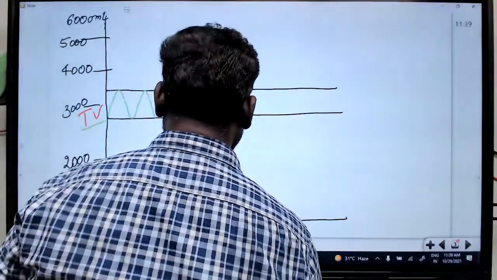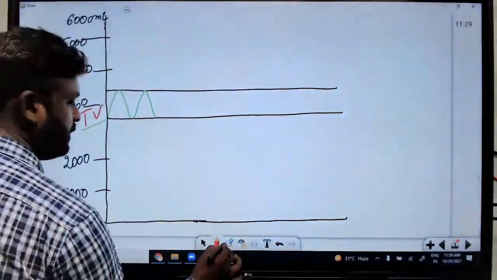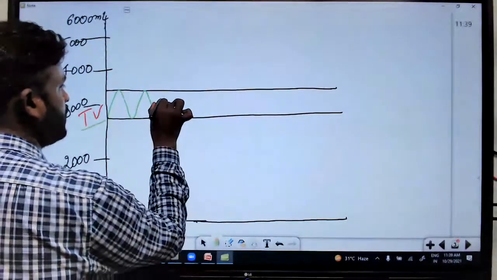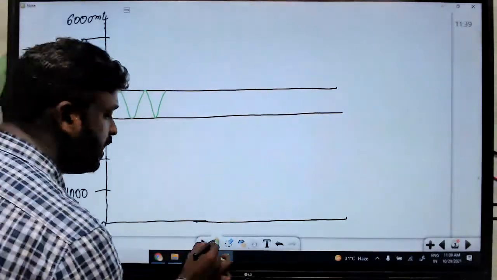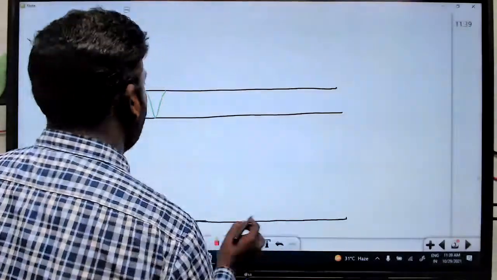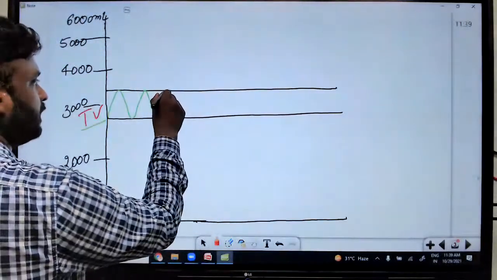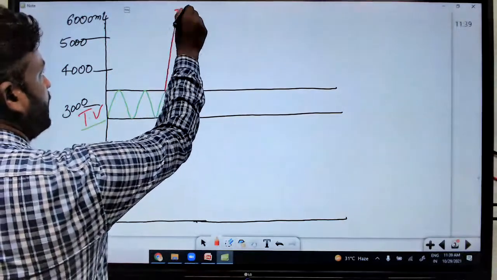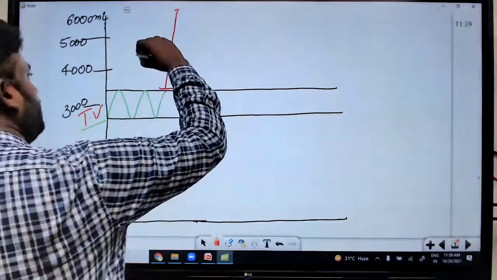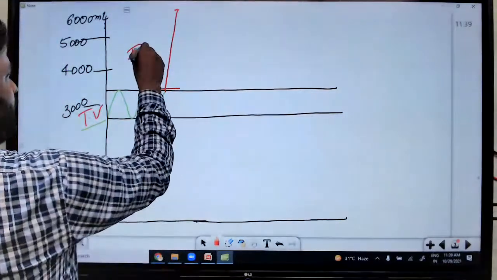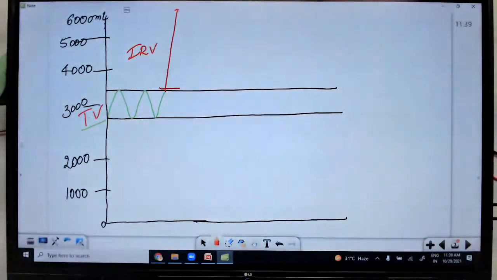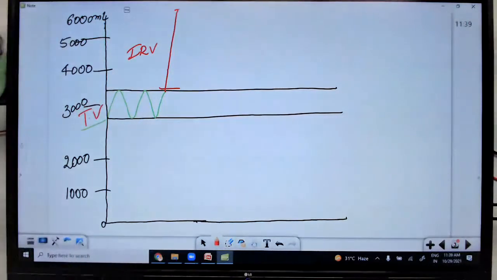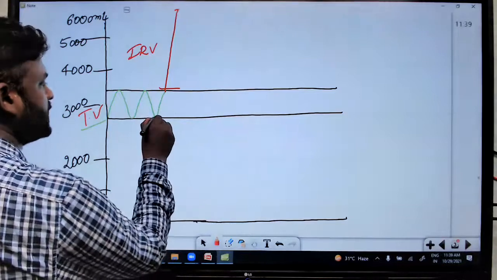It's about another inspiration: from here up to here, that is IRV, the inspiratory reserve volume. So you can mark it from here also, because that should be additional.